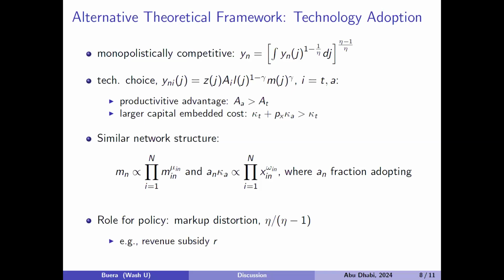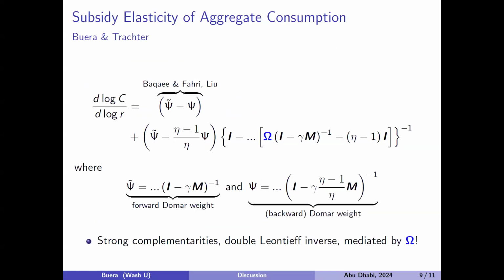Importantly, in a framework like this, where you have imperfect competition, there is a natural role for policy because there's going to be a market distortion. In principle it would be homogeneous across sectors, but because there's this interesting investment or adoption network along with IO networks, it will imply very sector-specific policies.